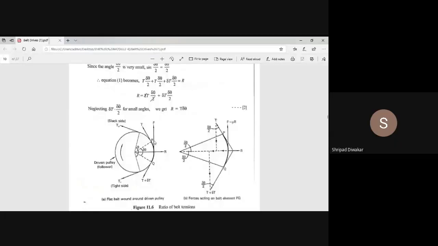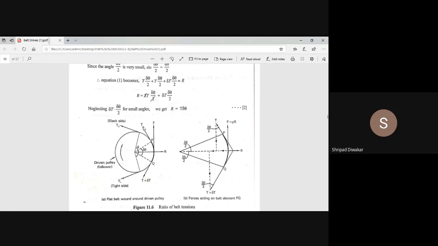You see the force acting from point P: T is the tension or force acting at point P. Next, for the driver pulley, the force will be a little bit more as compared to the loose side. As I said, the driver pulley draws the belt from the driven pulley, which means the tight side has more tension or force as compared to the loose side.